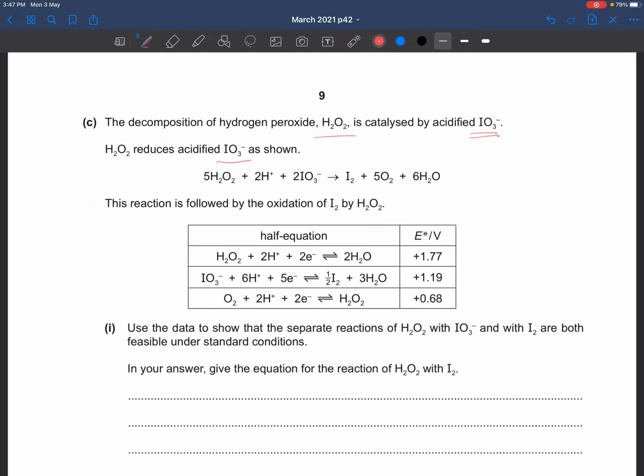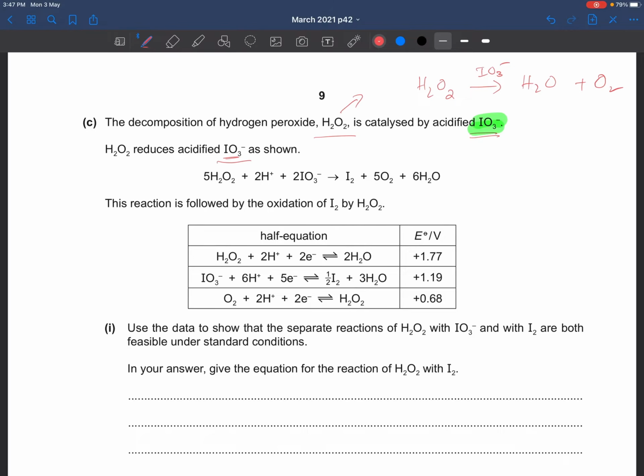Now this is the decomposition of hydrogen peroxide, and IO3 minus is being used as a catalyst, right? I hope everyone knows that when H2O2 decomposes, it gives water and oxygen. So they're saying that IO3 minus is being used as a catalyst. Now, how is H2O2 acting here? H2O2 reduces IO3 minus as shown.